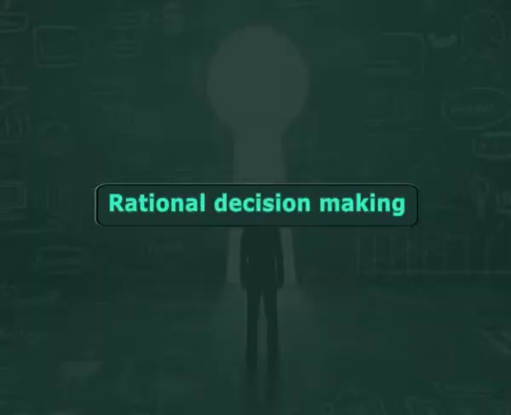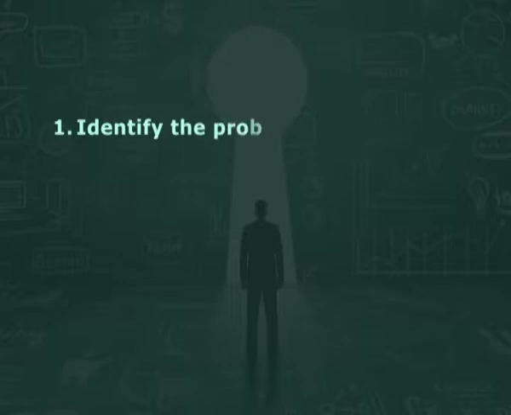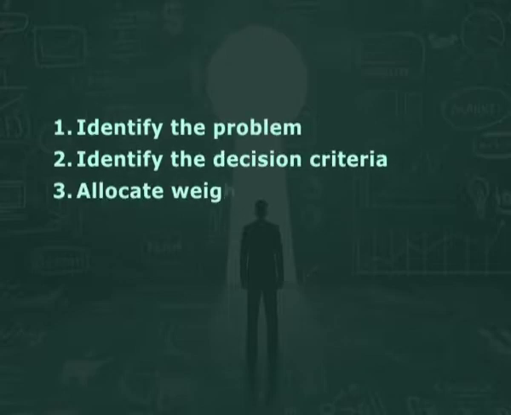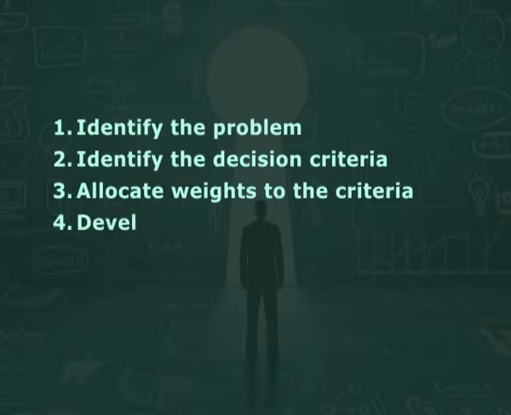Rational decision making. The rational decision-making process is generally observed to be the best as it helps in making consistent and value-maximizing choices within specified constraints. The steps are as follows. First, identify the problem. Identify the decision criteria. Allocate weights to the criteria.